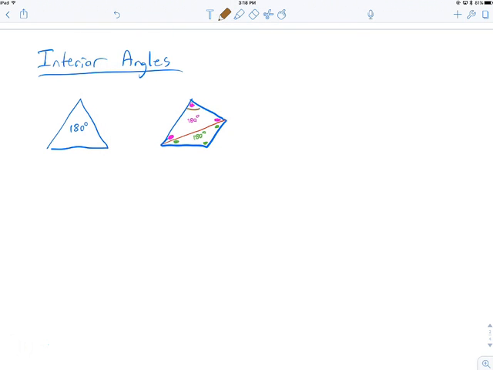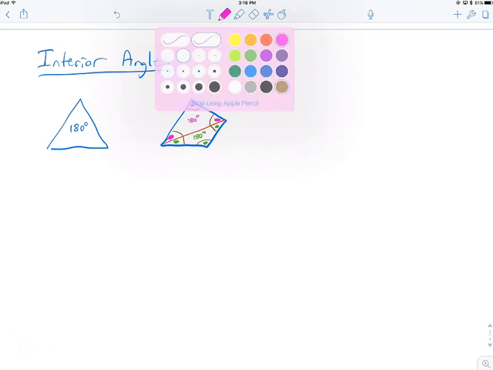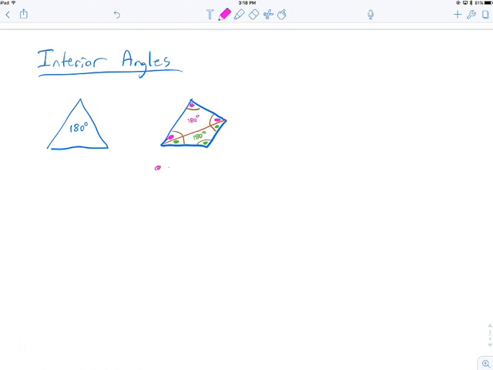If I want to find this angle plus this angle plus this angle plus this angle, what I get is pink plus green. This is one combined angle there. And then plus the next one is green, plus the next one is green, plus pink, and that's my other angle.